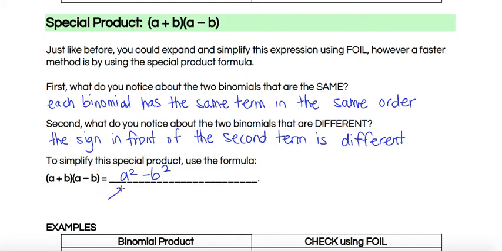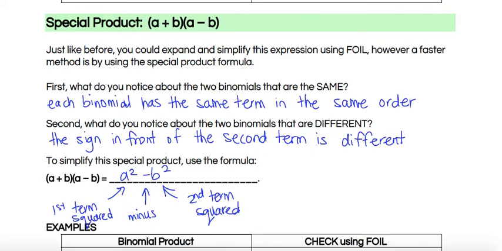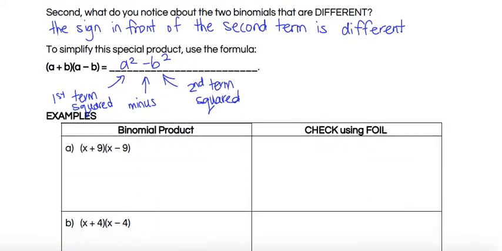So a squared is the first term squared. It's always going to be a minus sign. And then b squared is the second term squared. And as I said, truly this formula is much quicker and easier than using FOIL.